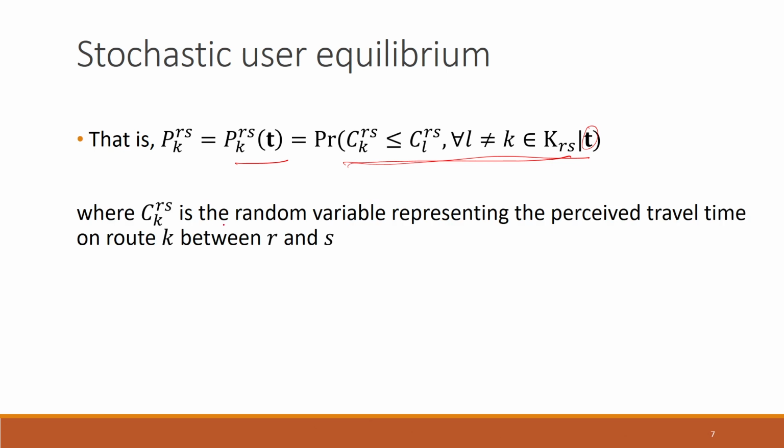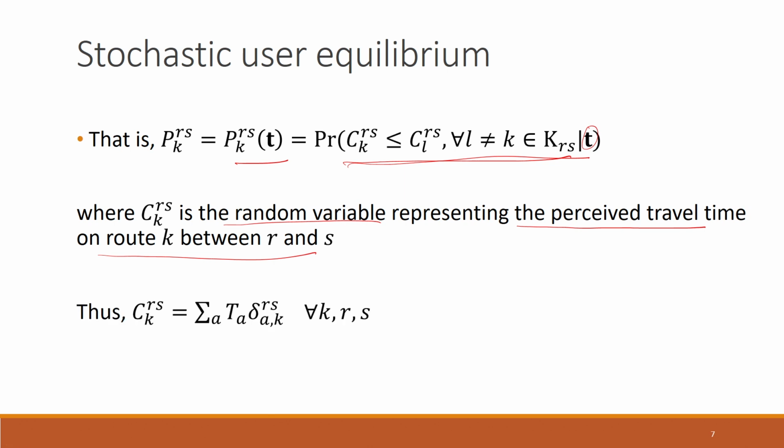Here CKRS is a random variable representing the perceived travel time on route K between R and S. Therefore, CKRS will be equal to the summation of TA times delta AKRS. TA is the perceived travel time on link A, and the way it is connected to the perceived travel time on path K connecting R to S is given by these equations.